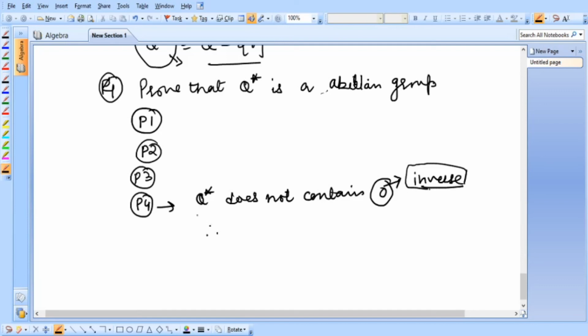In fact, this is an abelian group, because we know property 5 is the commutative law, and it holds, because a multiplied by b is always equal to b multiplied by a, right? Okay, fine. For property 1, the product of two non-zero rational numbers is always a non-zero rational number, right? So I'm leaving this for you, and I hope you will do this.